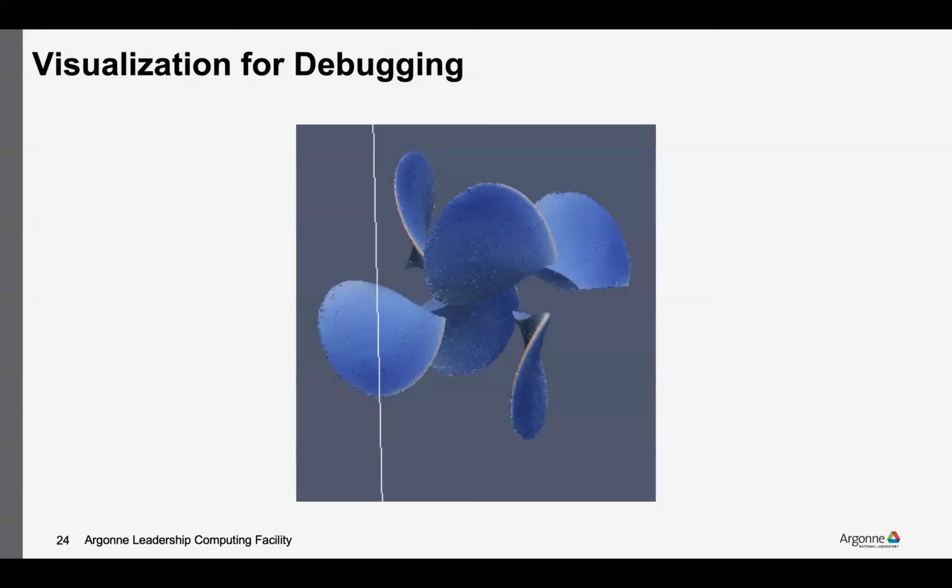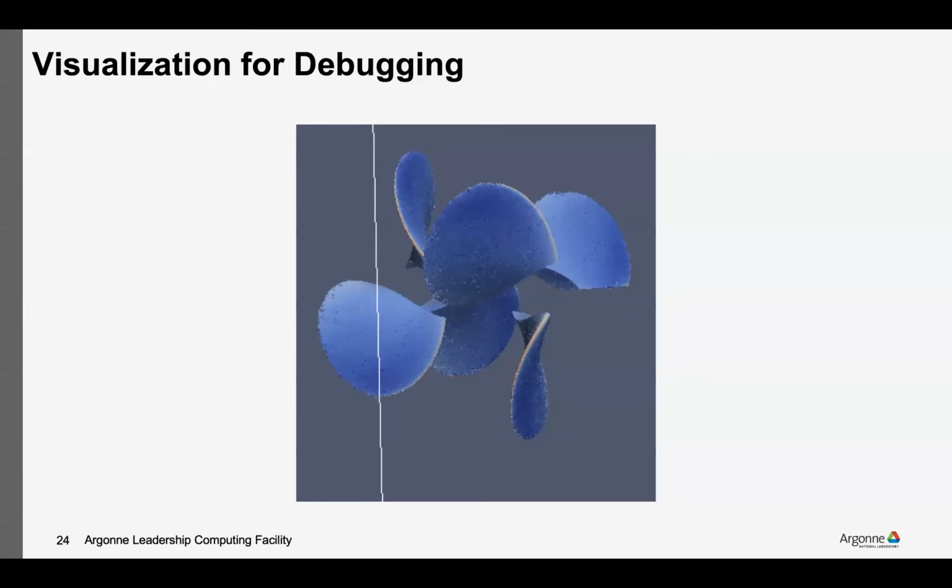This is actually the same fluid dynamics code that was used for the blood flow stuff that I showed at the beginning. And here we're using visualization for debugging. This is an example of two marine propellers, and you'll see in a second that these two propellers are rotating in opposite directions.